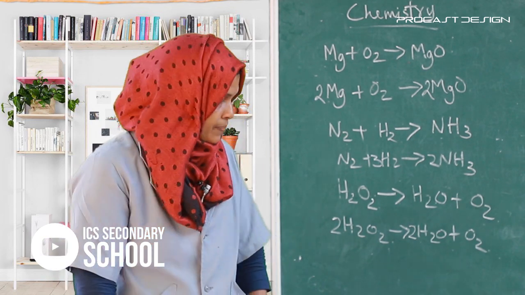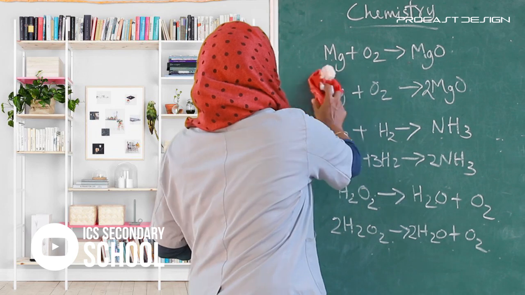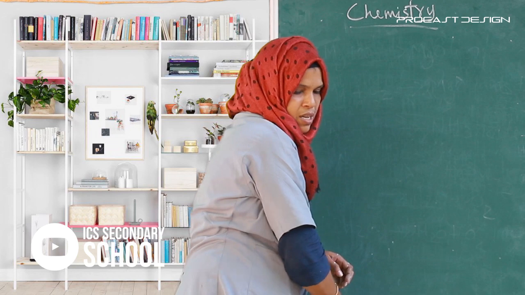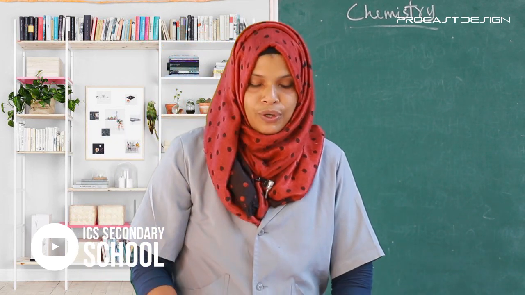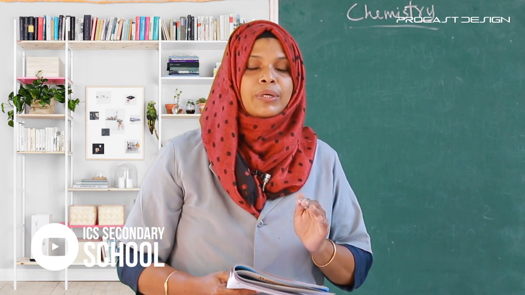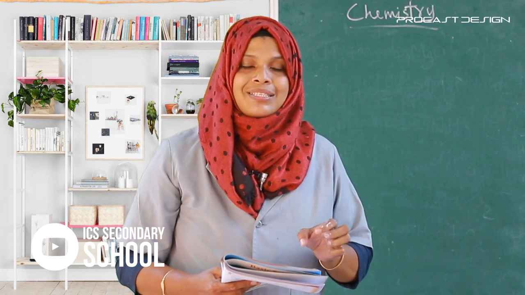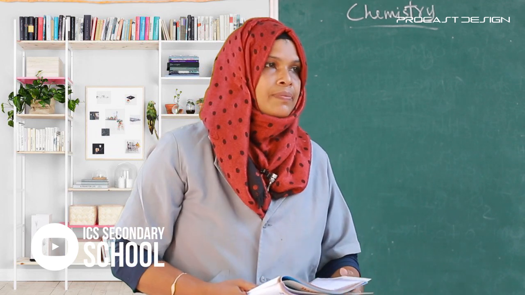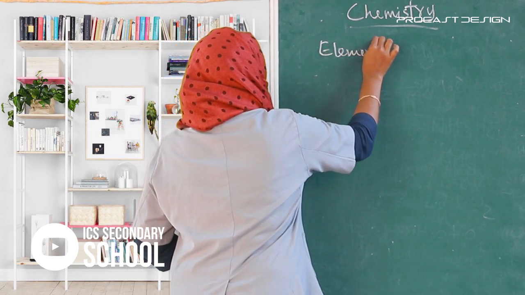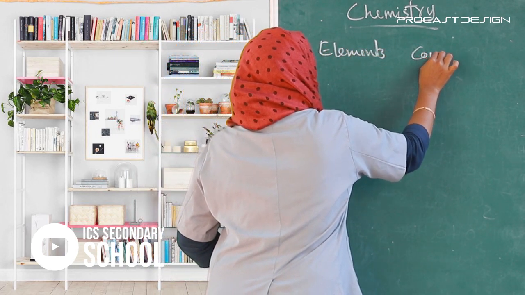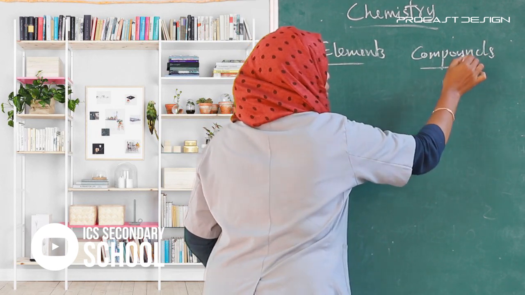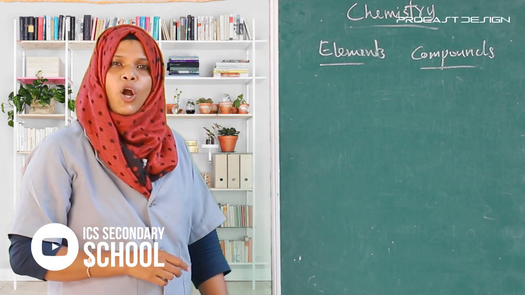First question: classify the following into elements and compounds. First one, ammonia. Ammonia is a compound.